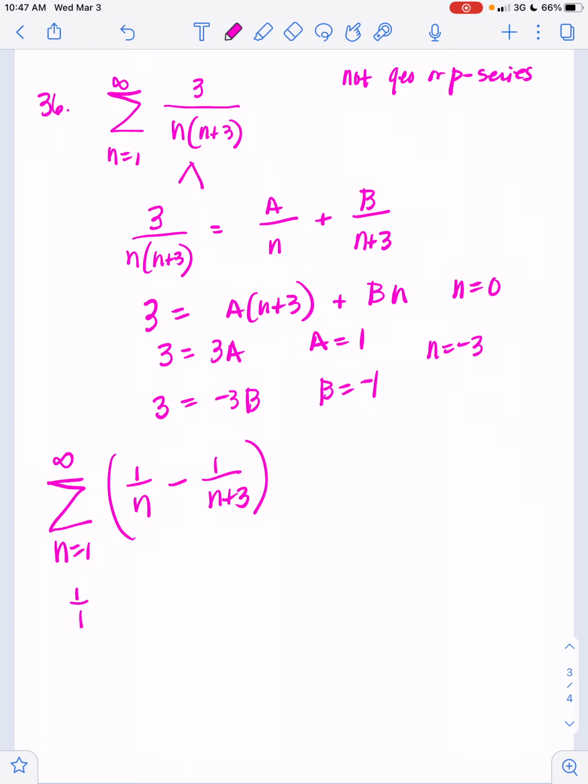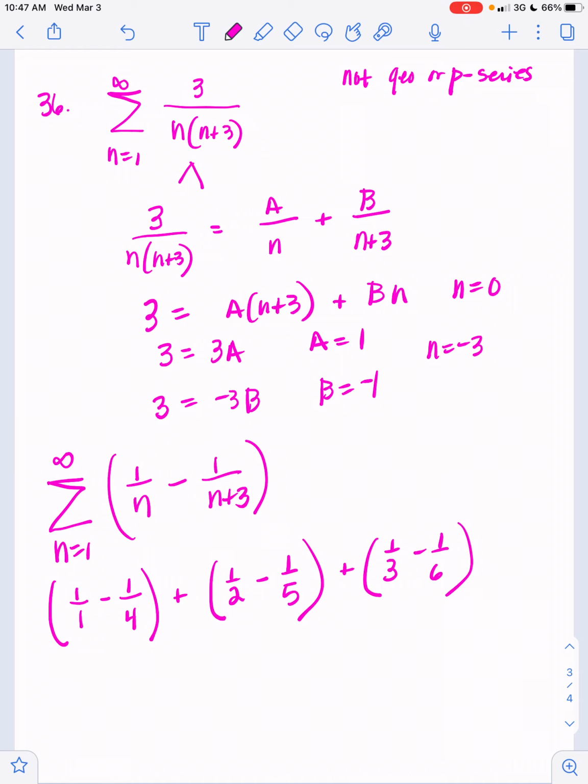1 over 1 minus 1 over 4 plus 1 over 2 minus 1 over 5. Nothing's canceling yet. Plus 1 over 3 minus 1 over 6. Still, nothing's canceling yet. Plus 1 over 4 minus 1 over 7. Okay, things are starting to cancel.